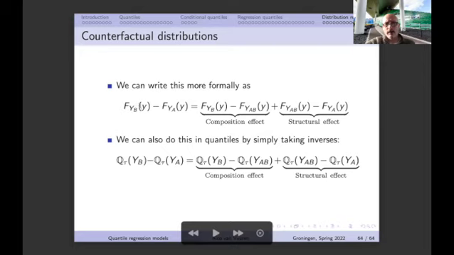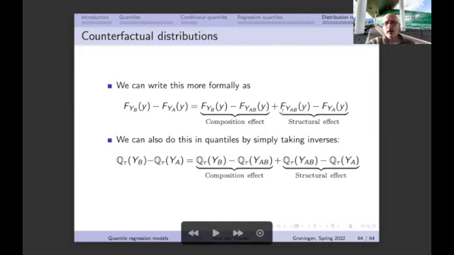Of course, for any level of y, there may be a difference over here. And we can always decompose this, first of all, into a so-called composition effect. That's the difference between the distribution of the B population minus what the B population would have had as a distribution if they were still paid like the B population, but had the characteristics of the A population.